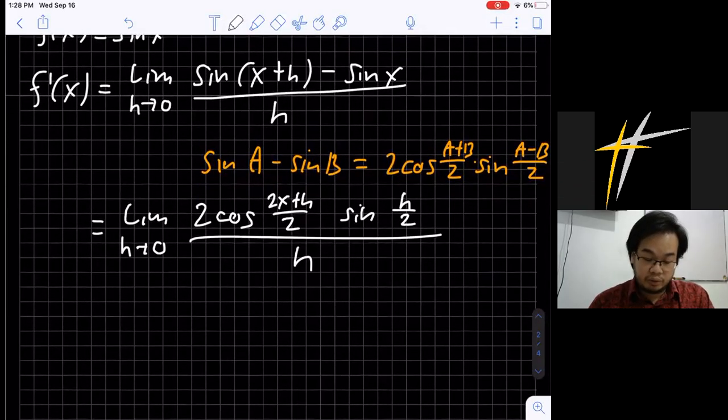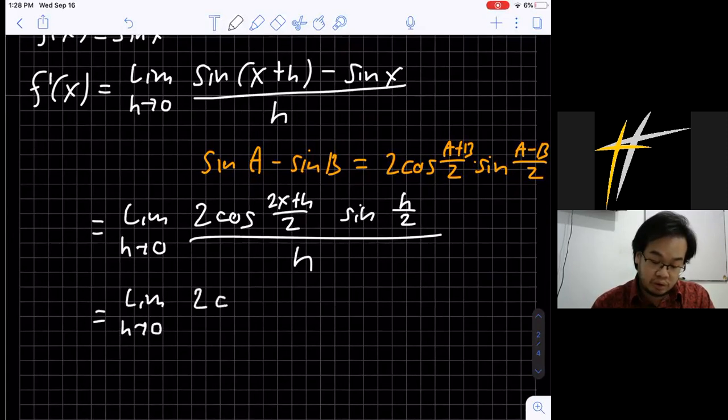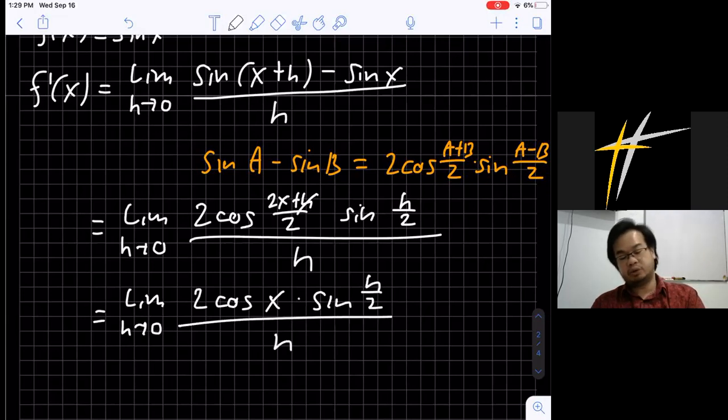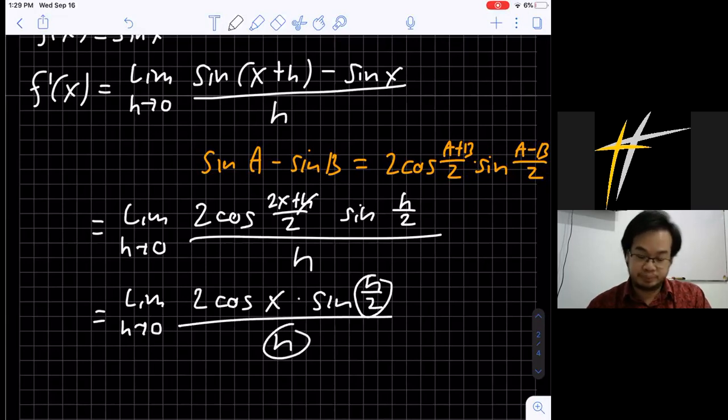So the result will be the limit as h approaching 0 of 2 cosine, and because h is equal to 0, this becomes cos x, right? Times sine of h over 2, over h. We still cannot substitute h equals 0 into this part because it will result in 0 over 0.